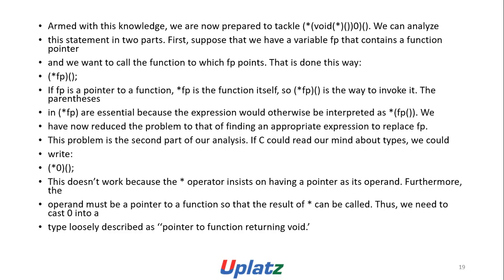We can analyze this statement in two parts. First, suppose that we have a variable fp that contains a function pointer, and we want to call the function to which fp points. This is done this way: (*fp)(); If fp is a pointer to a function, *fp is the function itself.